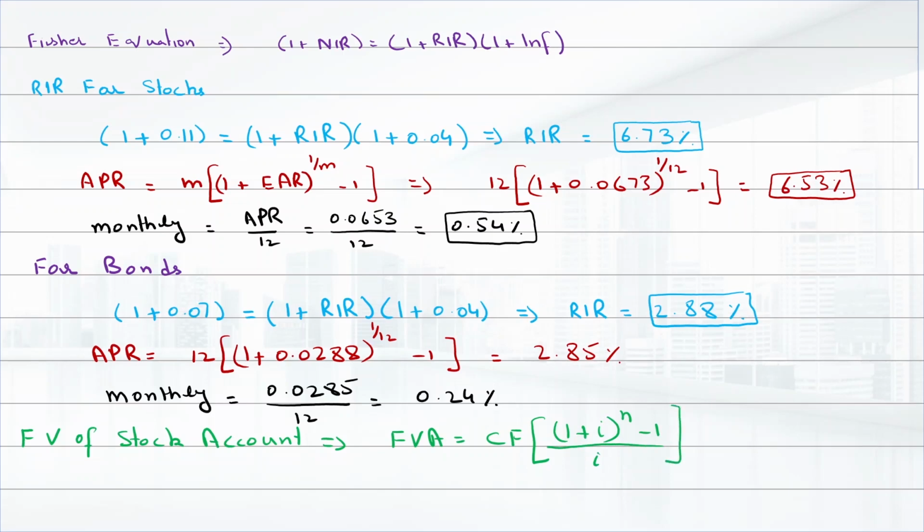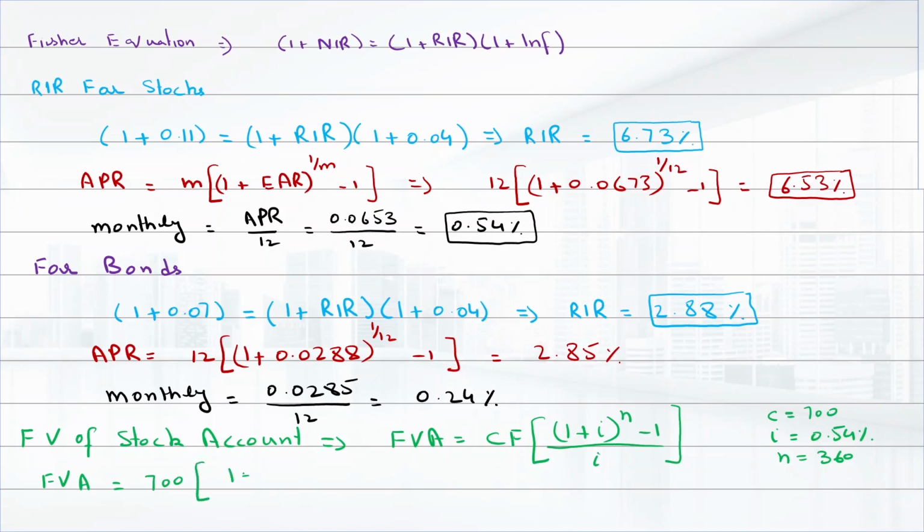By using this equation, we can find the future value of the annuity, where the cash flow is 700. The monthly interest rate for the stocks is 0.54% and n is 360.